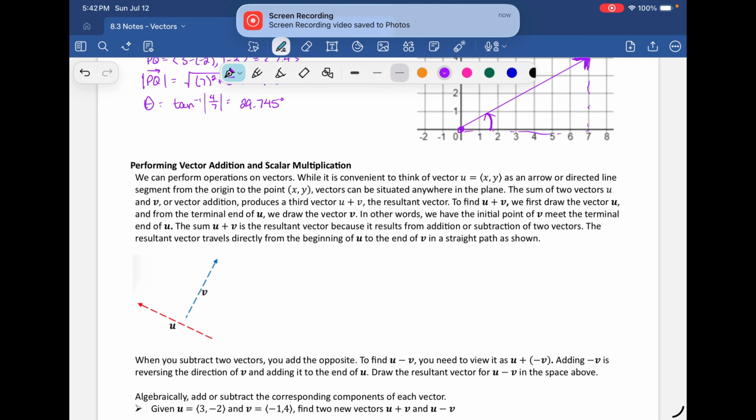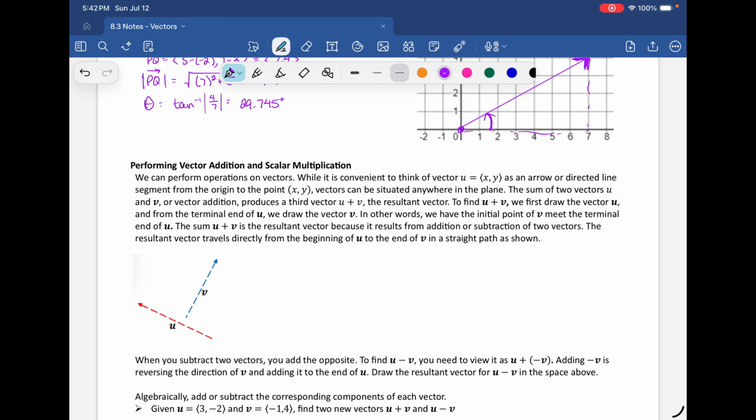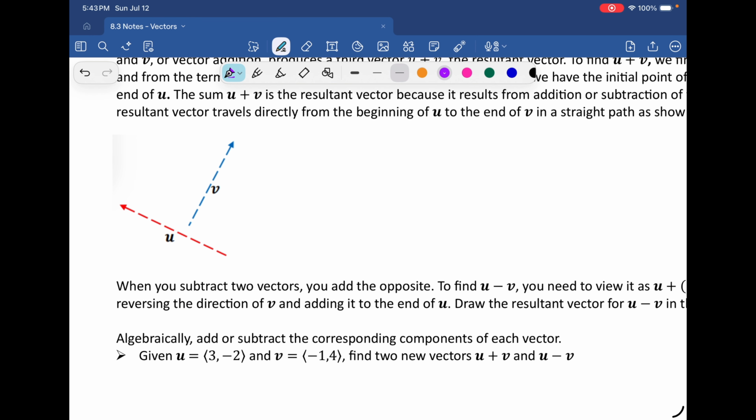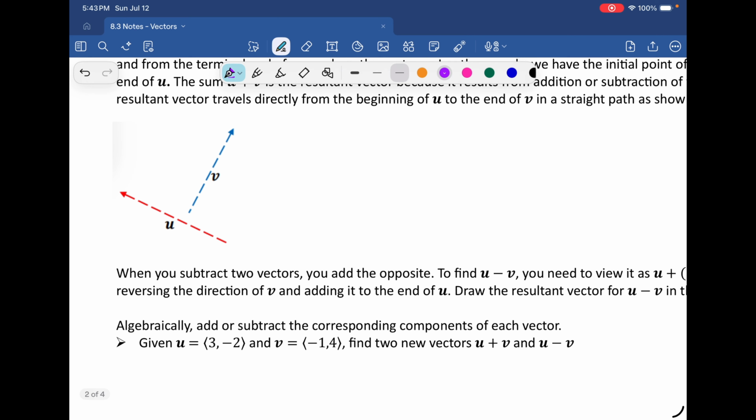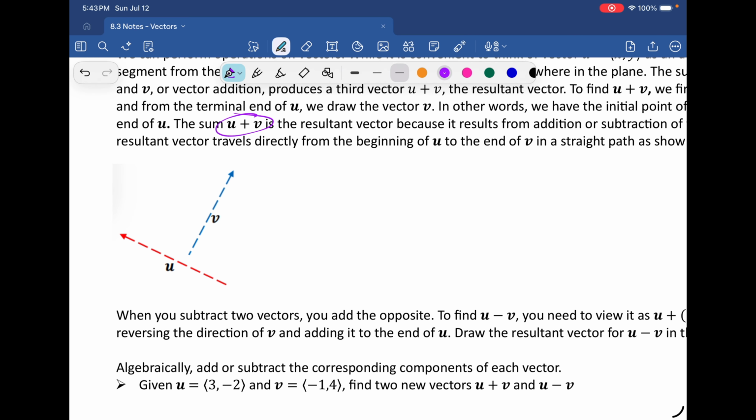All right, you can also add and subtract vectors. The geometric way of thinking about it is, when you add two vectors, let's say I'm adding u to v, I'm going to sketch u. I'm not going to do a very good job of it.